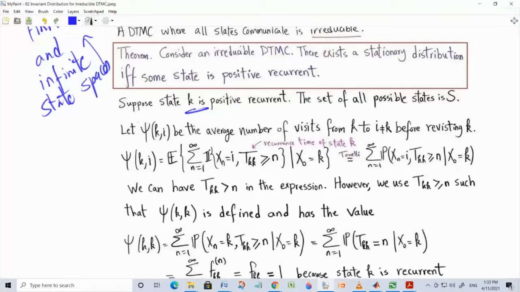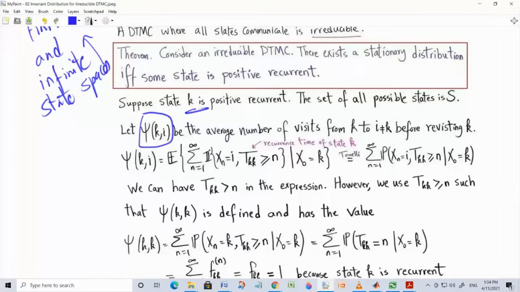We will define this quantity psi of Ki: the average number of visits to state i, starting from K, before entering again into state K. So you start the chain in state K, and then there is a first passage time in which you enter state K again for the first time.